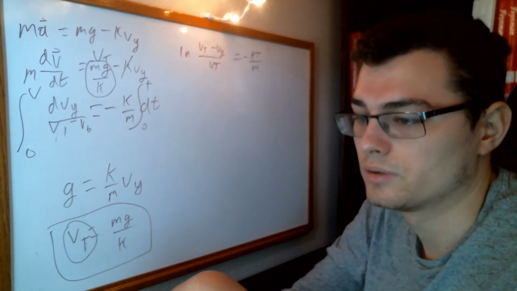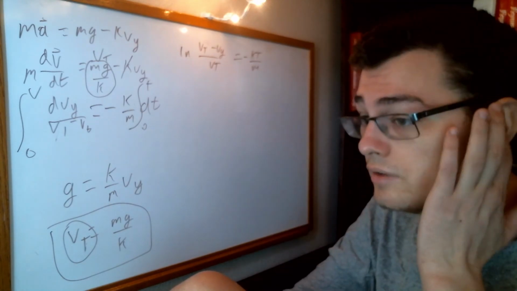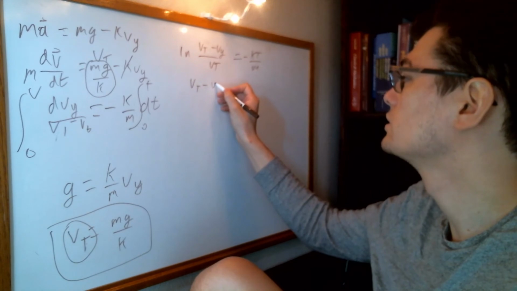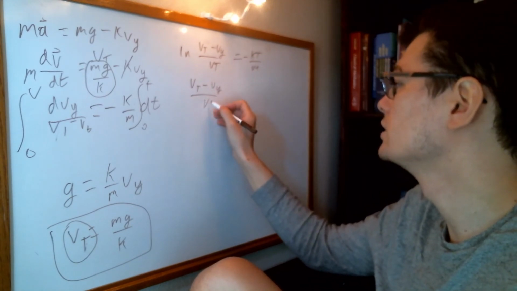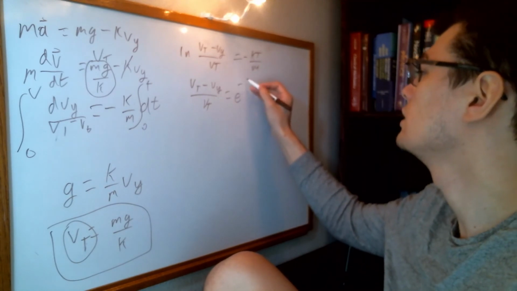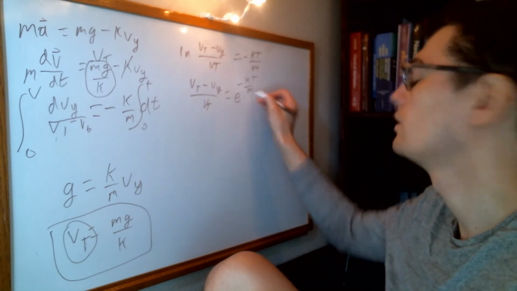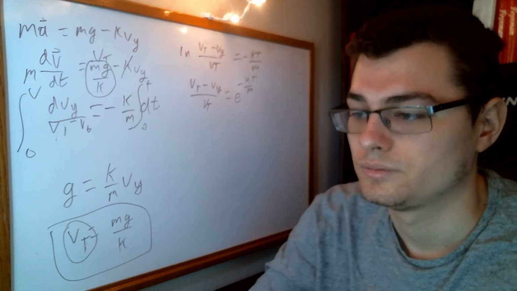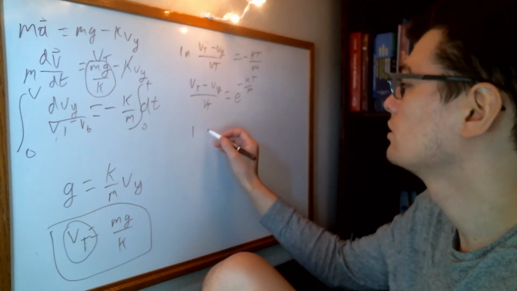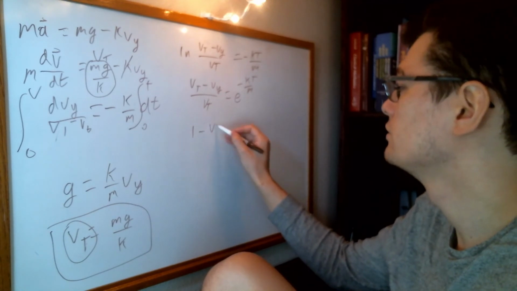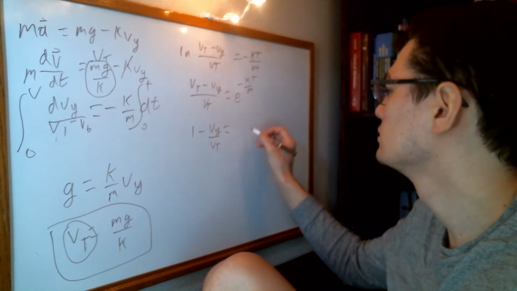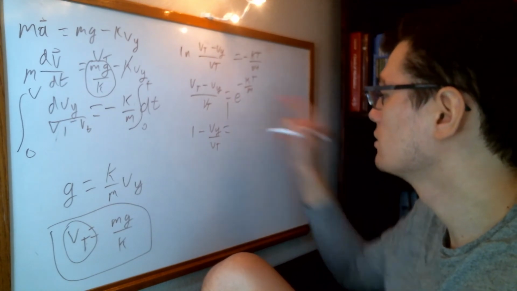And so then we can take the e of both sides. So then we have (vt minus vy) over vt equal to e to the negative kt over m. And then we can rewrite this as 1 minus vy over vt equals e to the negative kt over m.